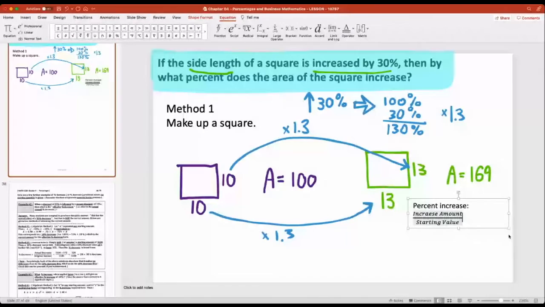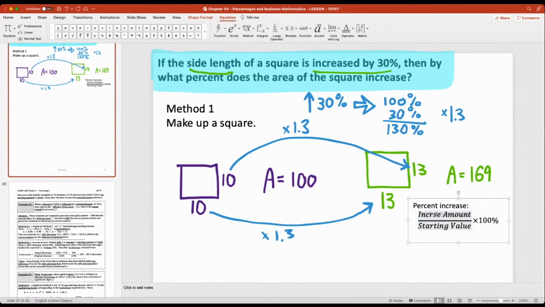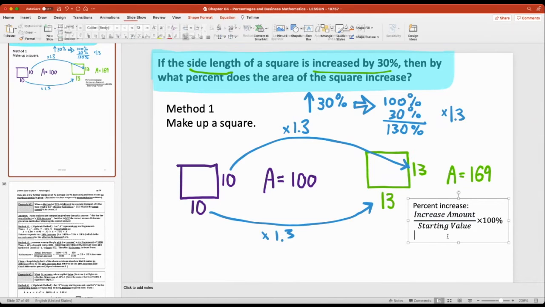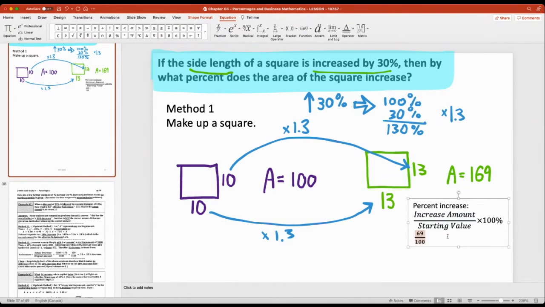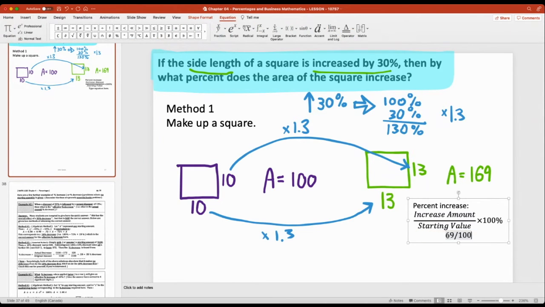So if we do that, and I'll do the 100% here if you want to see the 100%, the increase amount is 69. So then we have here 69 over 100, which is 69%.